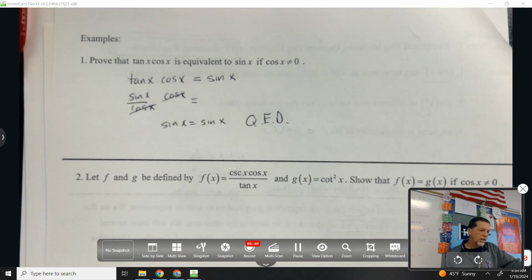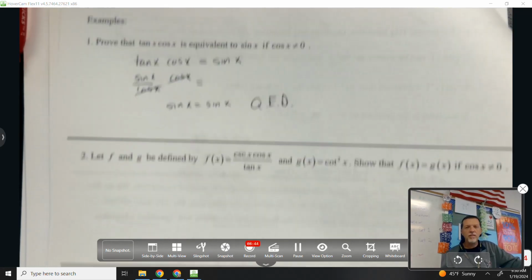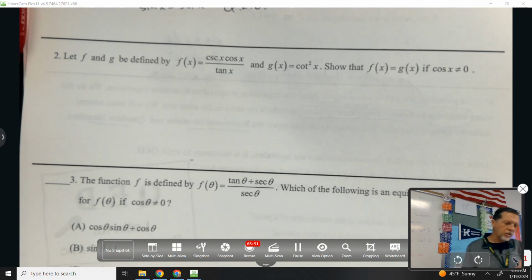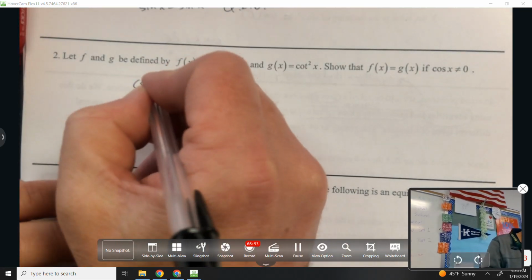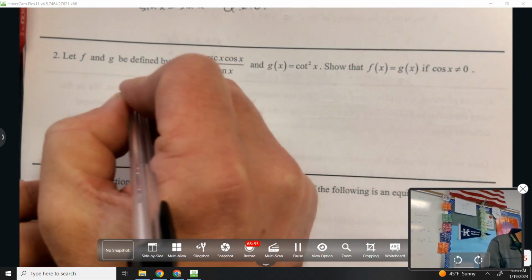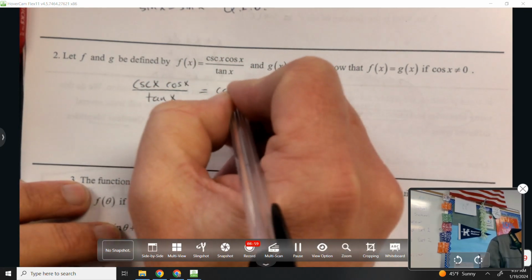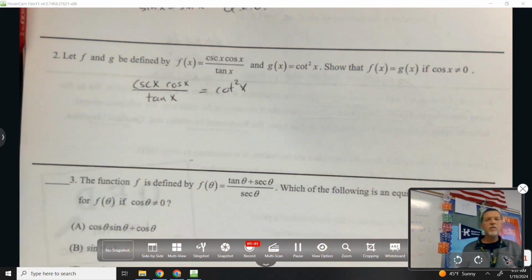Number 2. Let f and g be defined as, if we're just trying to intentionally write these as strangely as possible, f equals that thing, g equals that thing. Show that they are equal to each other. Okay, so cosecant of x, cosine of x, over tangent of x is supposed to equal cotangent squared of x.